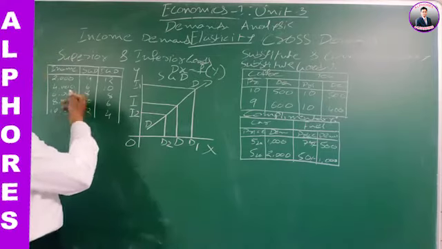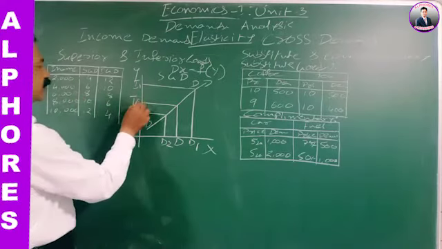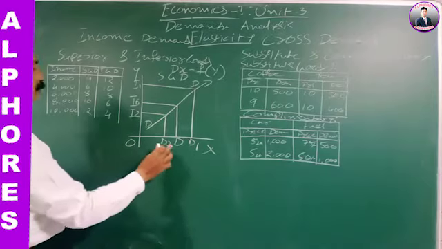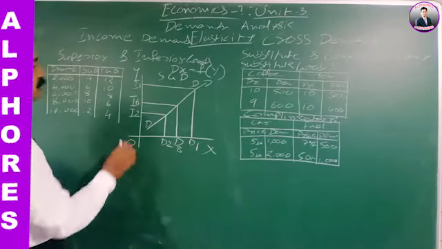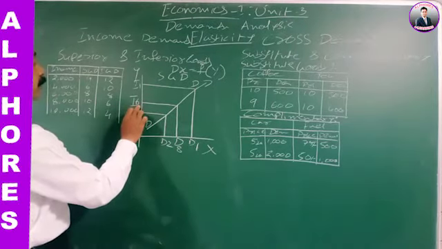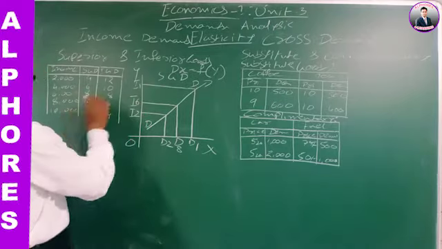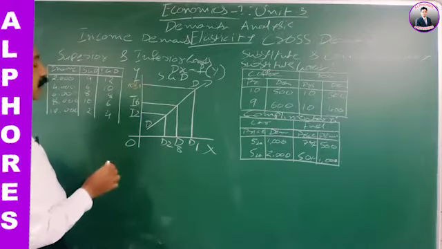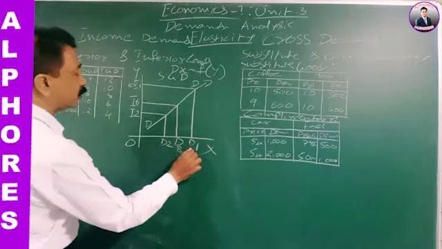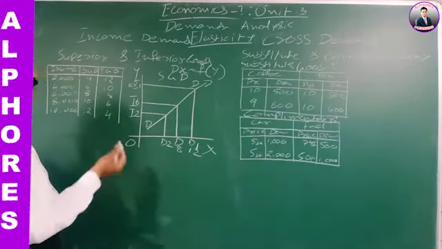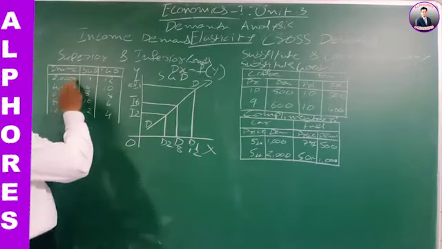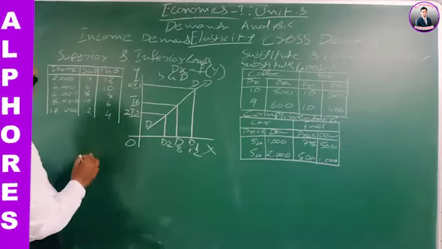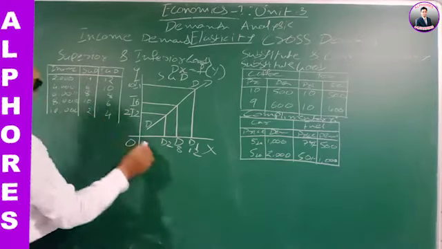See here, for ease of understanding, let us say income is 6,000 and the demand is 8. When income increased to, let us say, 10, demand increased to 12. If income decreased to 2, demand decreased to 4.